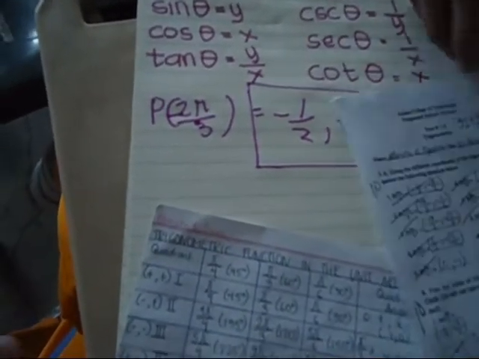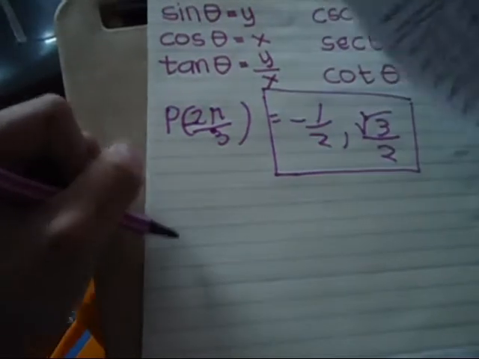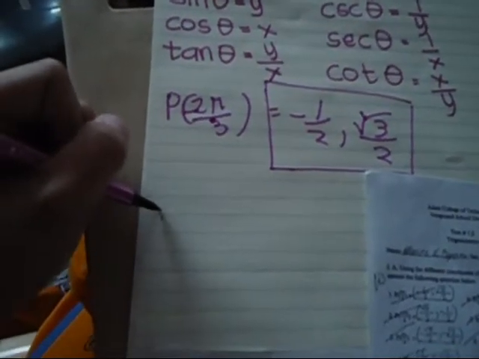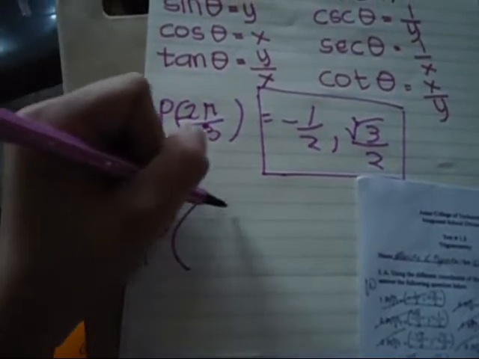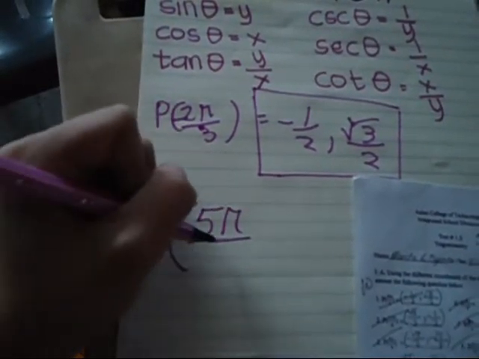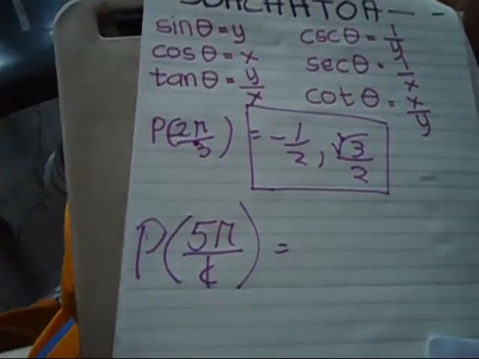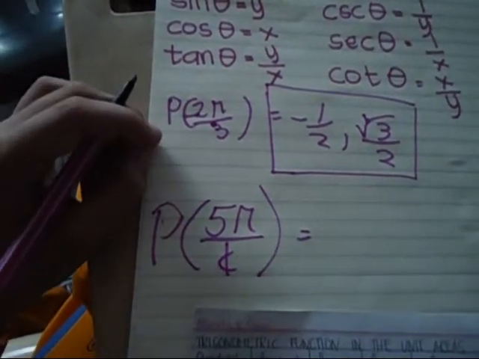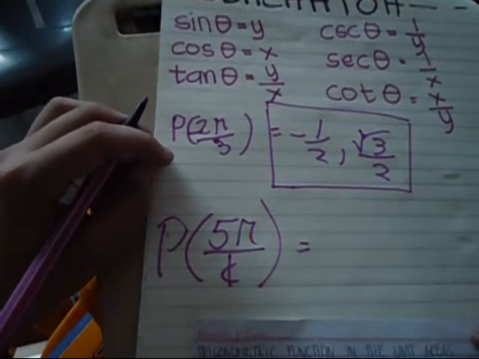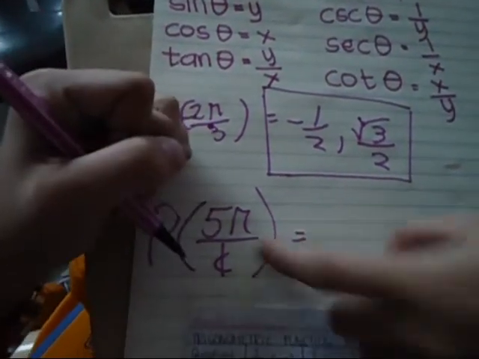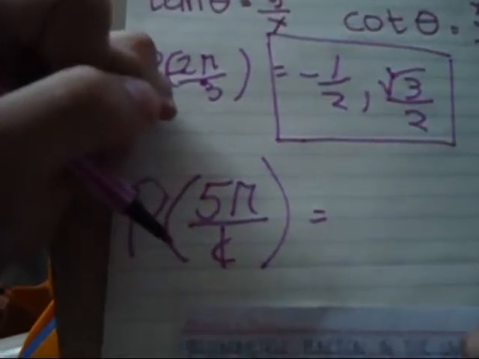Example number 2, another example. Number 2 is 5 pi over 4. Look at your index card. So 5 pi over 4 is in quadrant 3.